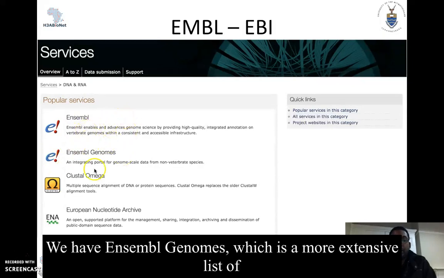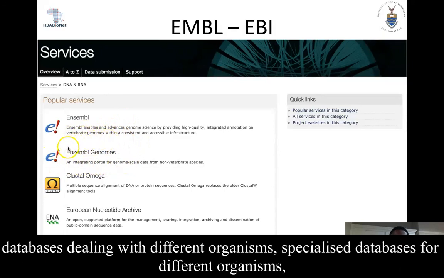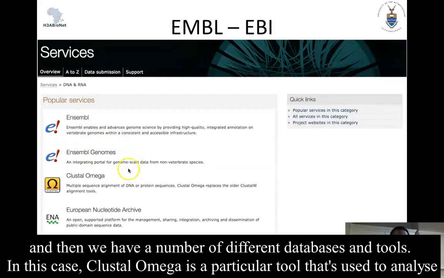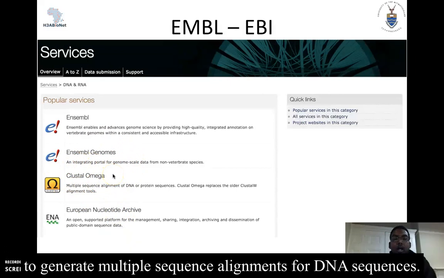And we have Ensembl Genomes, which is a more extensive list of databases dealing with different organisms, specialized databases for different organisms. And then we have a number of different databases and tools. In this case, Clustal Omega is a particular tool that's used to generate multiple sequence alignments for DNA sequences.